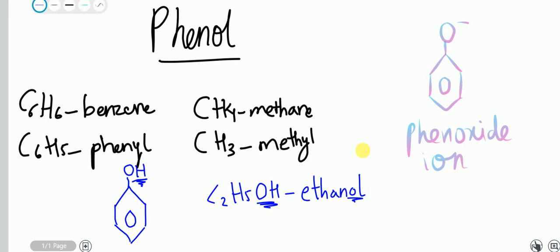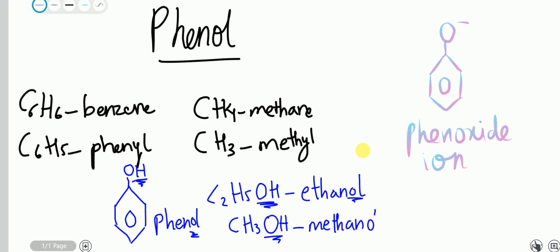So this is phenol, and this OL shows that it's an alcohol as well. Another example would be CH3OH. Again, OH indicates that it's an alcohol, and we have only one carbon, so it would be methanol, right?